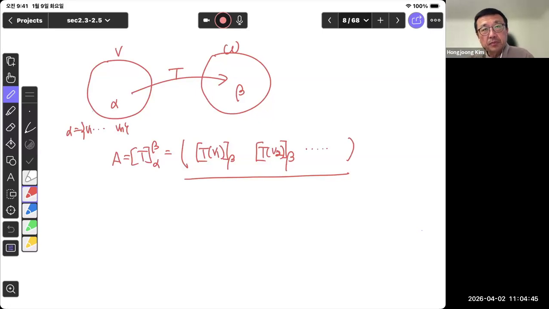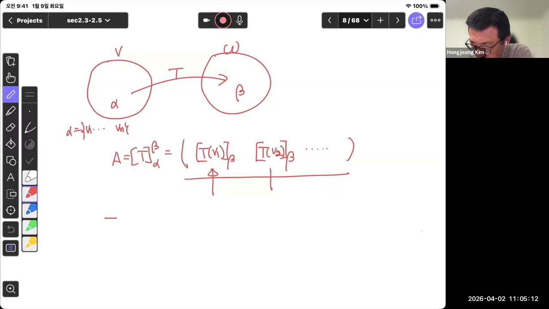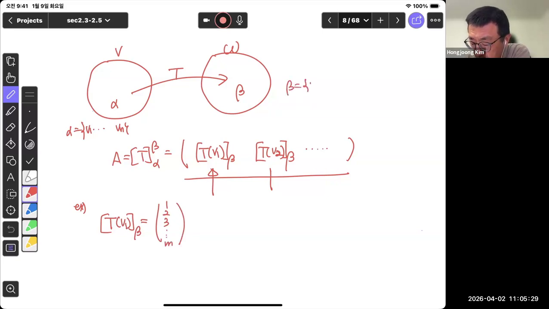If this is your matrix A, then the first column is the coordinate of T of V1 with respect to beta. For example, the coordinate of T of V1 with respect to beta is, say, 1, 2, 3 up to m, where beta consists of W1 up to Wm. What does that mean?